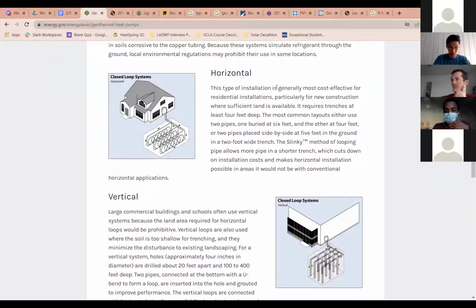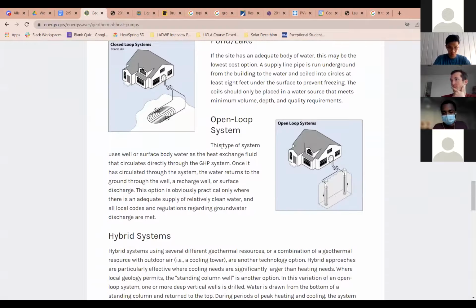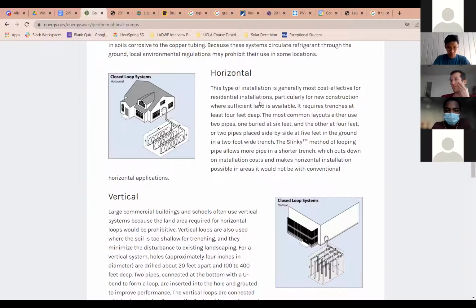And obviously we're going to utilize a closed loop system. An open loop system also uses groundwater, which gets pretty frisky and crazy. Right there you can see the coiling stuff to the left a little bit. Thank you for bringing that up. But we'll definitely work with a horizontal slinky system.